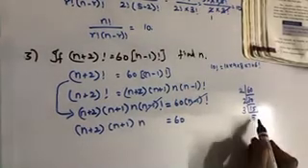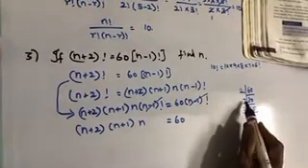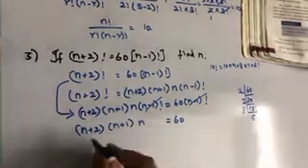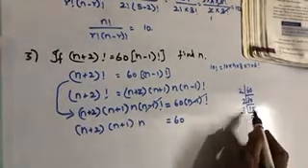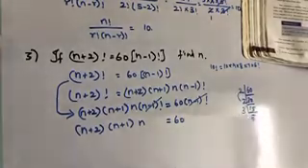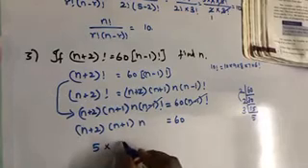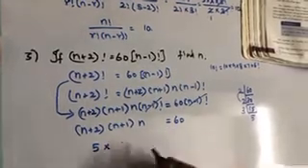So 5 3s are 15, 15 2s are 30, 30 2s are 60. So now I write it as 5 into 4 into 3.